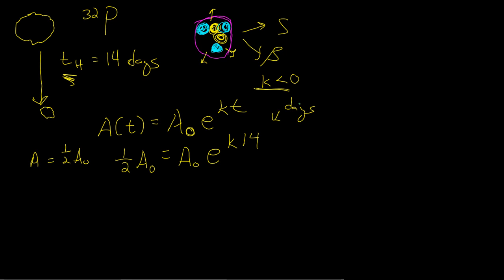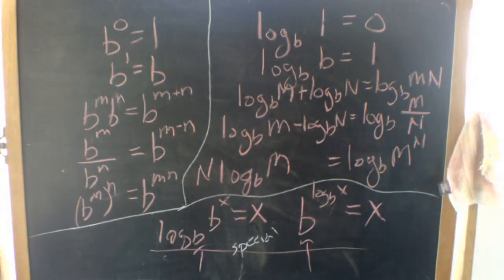Well, those are going to cancel each other out. And just for convention's sake, I'm going to write the 14 in front. We want to find what the k is for our phosphorus. Now, this is again in my exponential. And my exponential has a base of natural e.